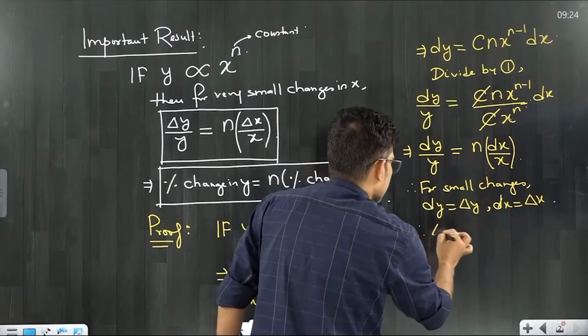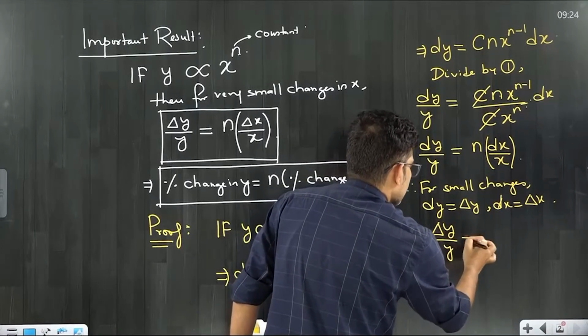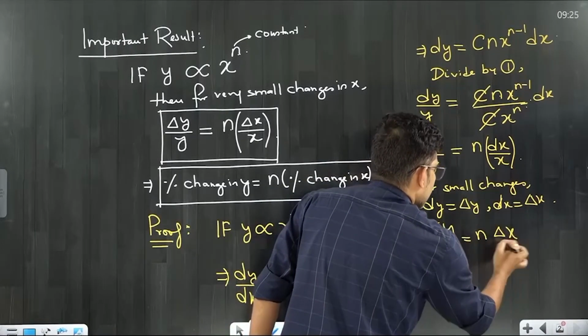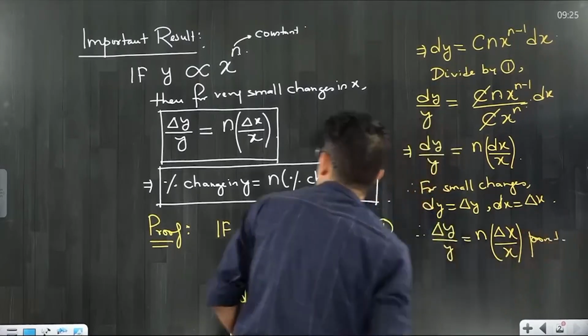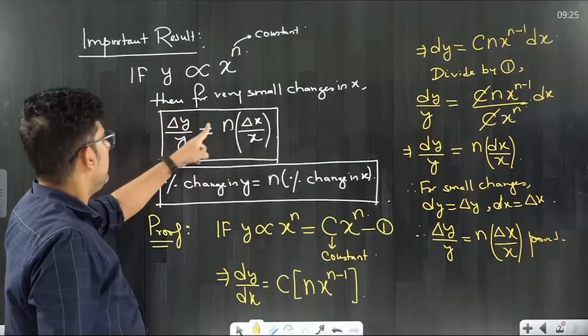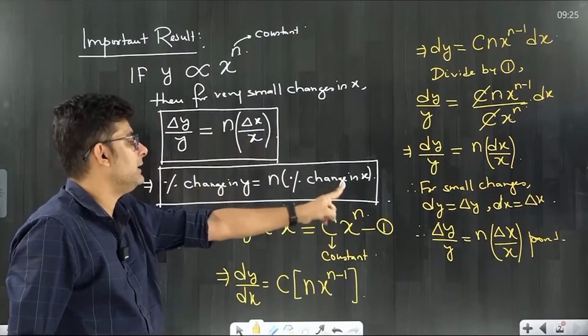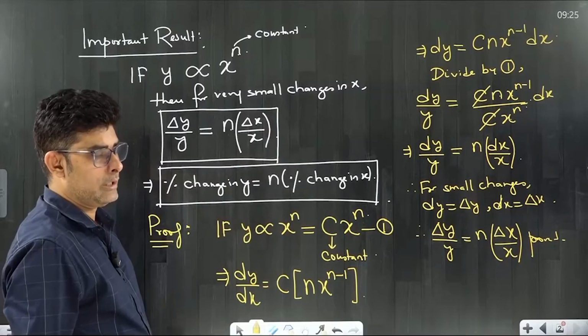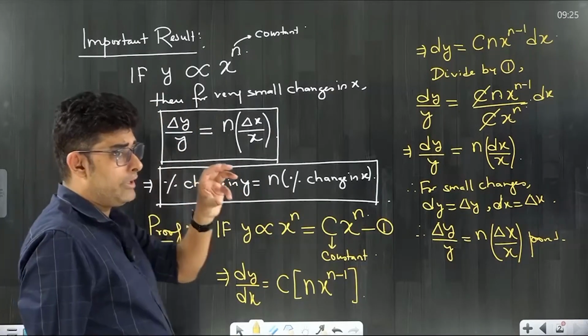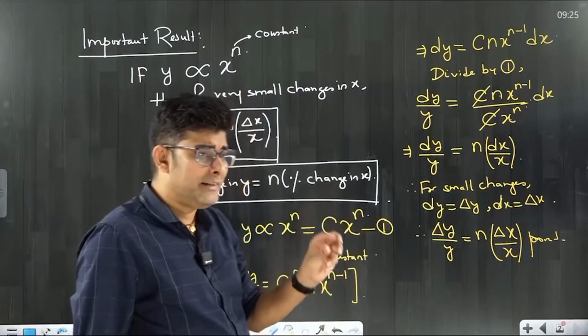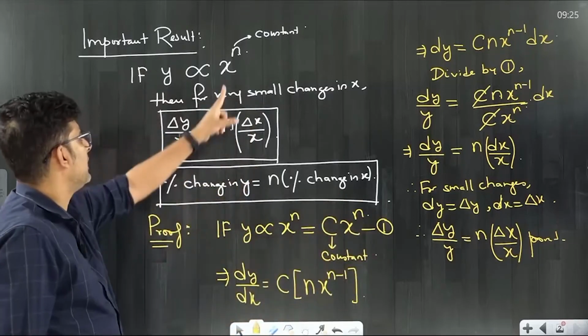So what we are getting? Delta y by y is n times delta x by x. Proved. This is what we were saying. Fractional change in y is equal to n times fractional change in x. Understood? So this relation you have to remember whenever we are dealing with very small changes: directly multiply the power.